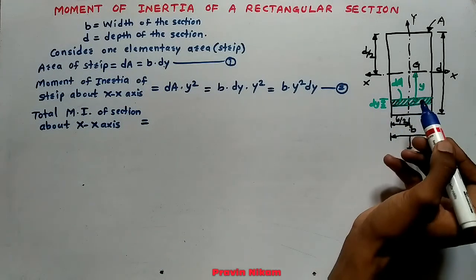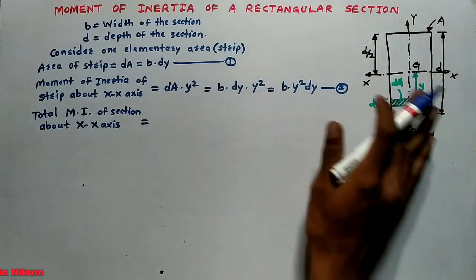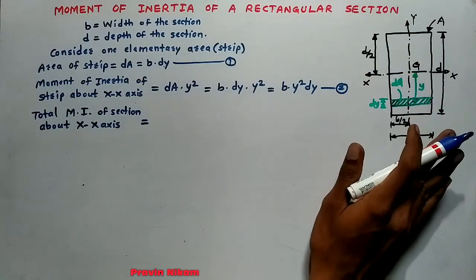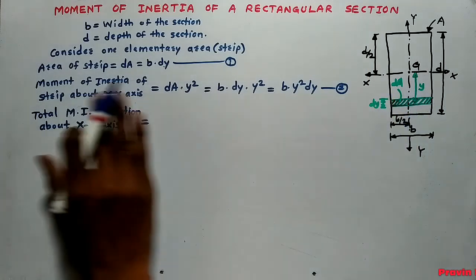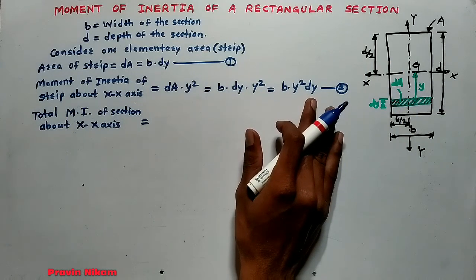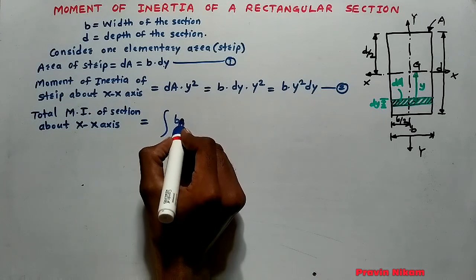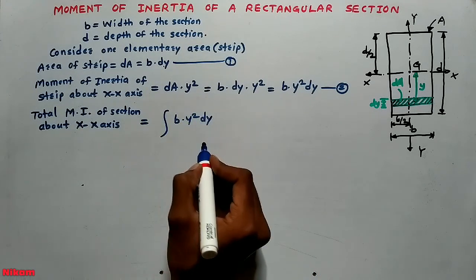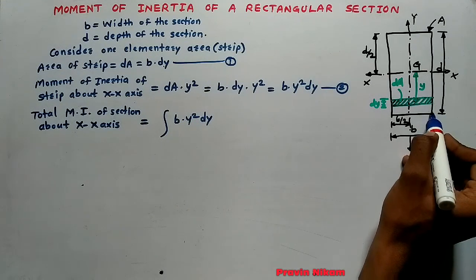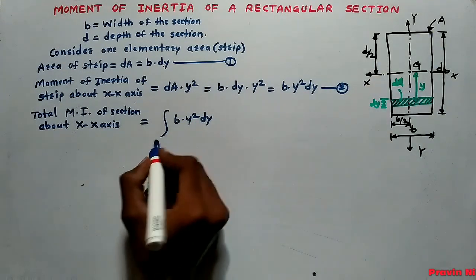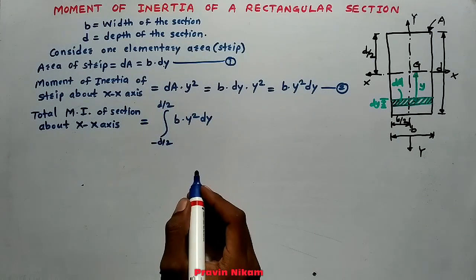We calculated the moment of inertia of this strip, and this section consists of an infinite number of strips. So take the integration of the moment of inertia of the strip about the x-axis: integration of b y square dy, and the limit is from minus d by 2 to plus d by 2.